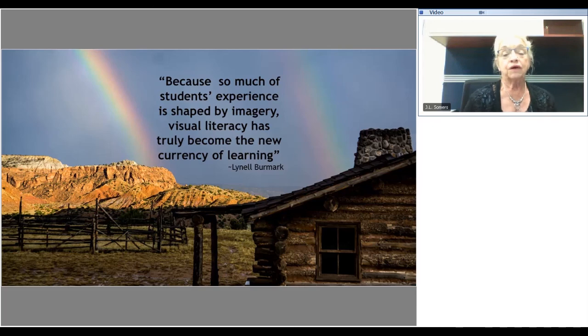This is a quote by Linnell Burmark, and I've got two different books of hers. One, not the original, but the first one she put out on visual literacy, and I think this is a quote from that one. I've seen her at various conferences, and she does some really effective presentations simply by using visuals with minimal text in there.